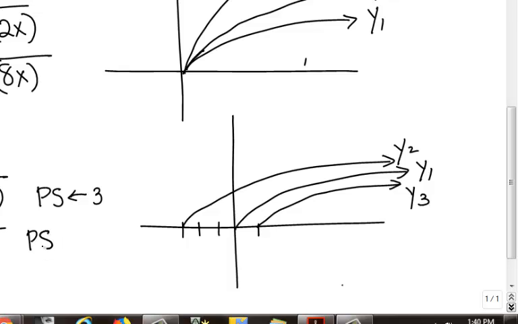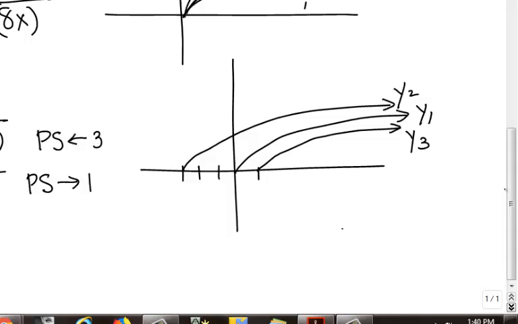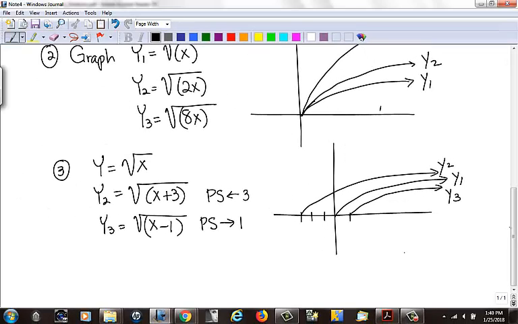This one would be a phase shift. Phase shift is when you're sliding the whole graph left or right. So this would be to the right 1. Notice I'm not including the sign. The arrow tells you which way it's moving. So you should be able to tell a little bit on the graphs what effect those numbers are going to have on your graph.